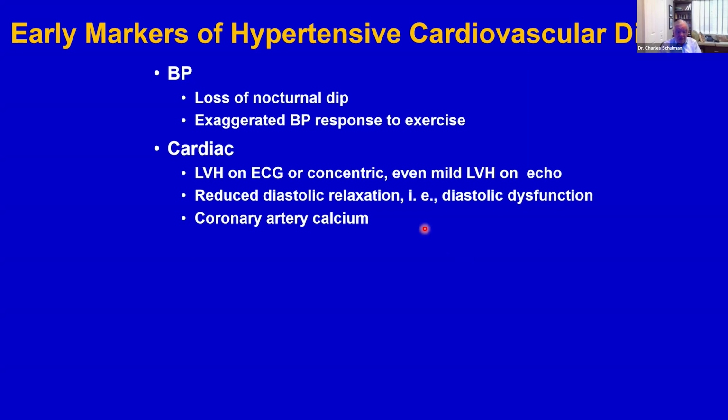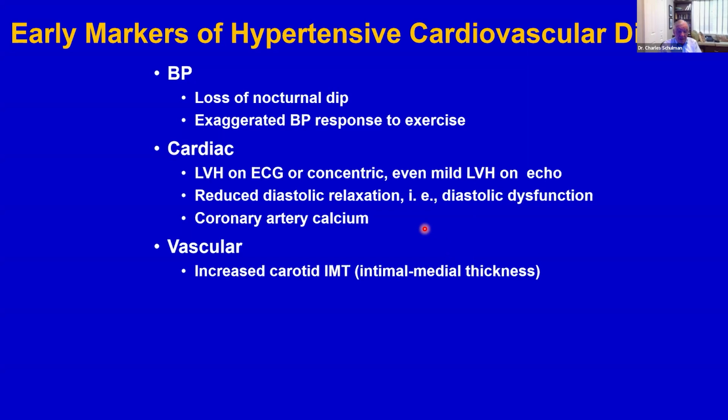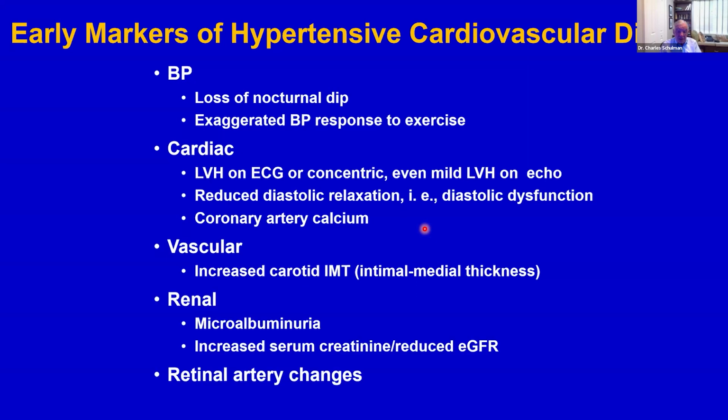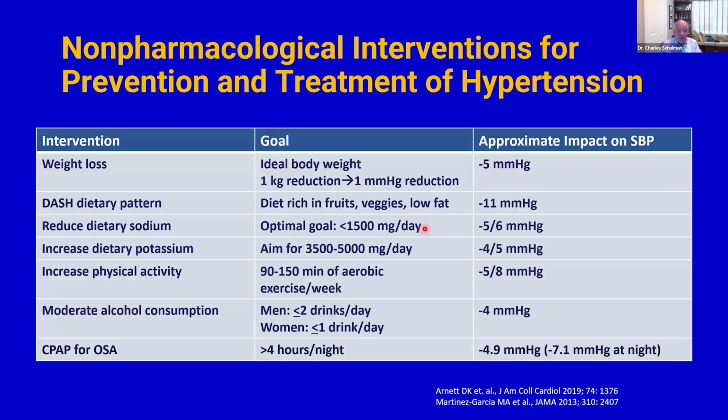The only way you can have calcium in your coronary arteries is if you have arteriosclerotic coronary artery disease. Vascular markers include increased carotid intimomedial thickness, and then there are renal markers and retinal artery changes.